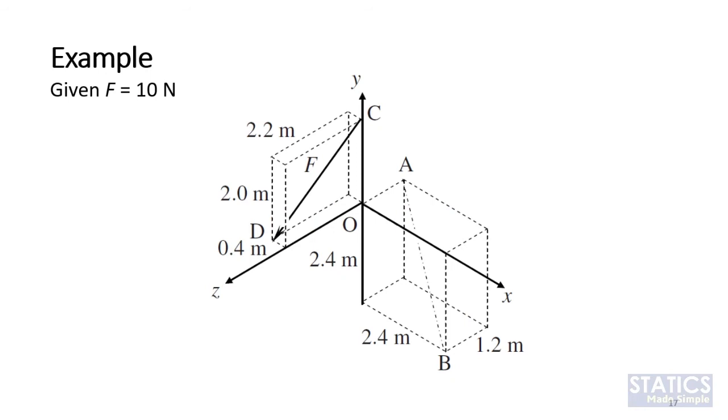So let us look at one simple example. Let's say we have a force F equal to 10 Newton. So this is your force F. Magnitude is 10 Newton. Now we want to find the moment due to this force F about some point.